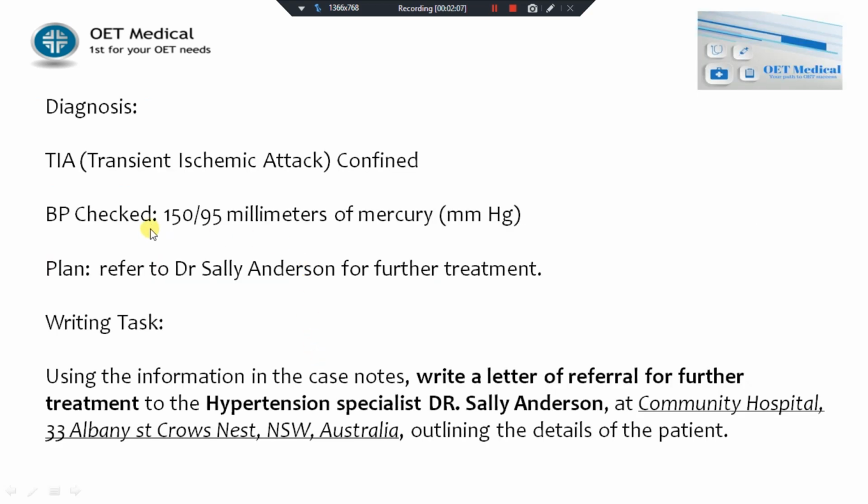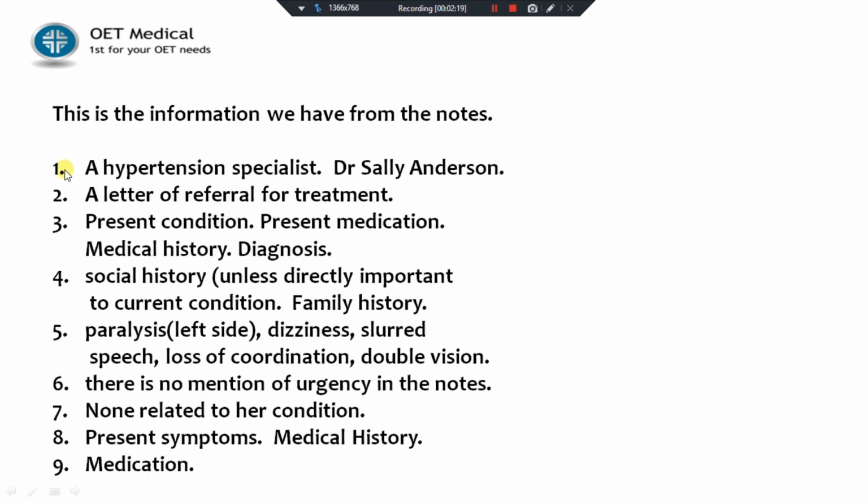So we've got our diagnosis, which we looked at, transient ischemic attack, BP, and our task. So you can stop the video again to look at this. The information we took from the notes are as follows. We followed our 9 steps. Dr. Sally Anderson, it's a referral letter.